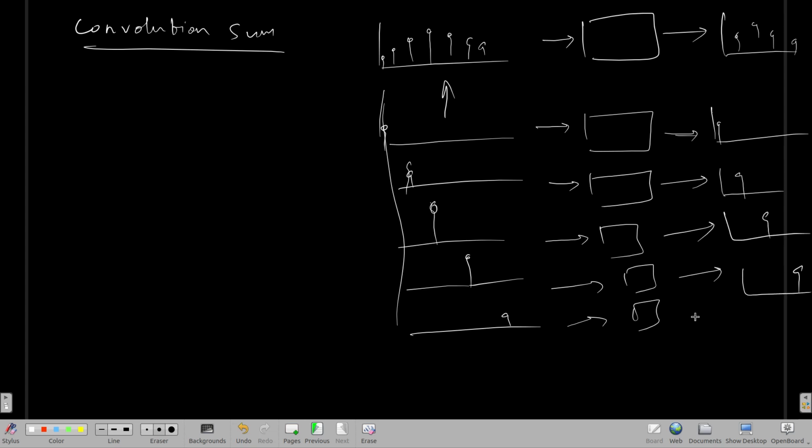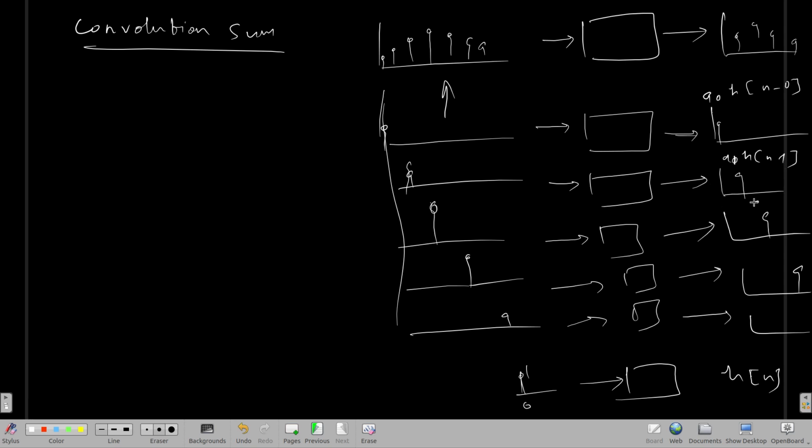Since all of these are weighted shifted impulses, and by definition if we give a unit impulse we get h of n, the impulse response, here we have a0 h of n minus 0, a1 h of n minus 1, a2 h of n minus 2, and so on.